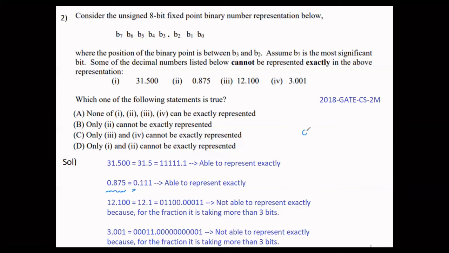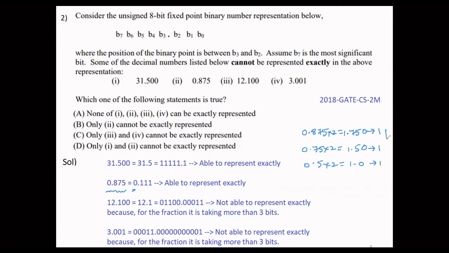For the fraction value 0.875, 0.875 into 2 equals 1.75, this is 1. 0.75 into 2 equals 1.5, this is 1. 0.5 into 2 equals 1.0, this is 1.